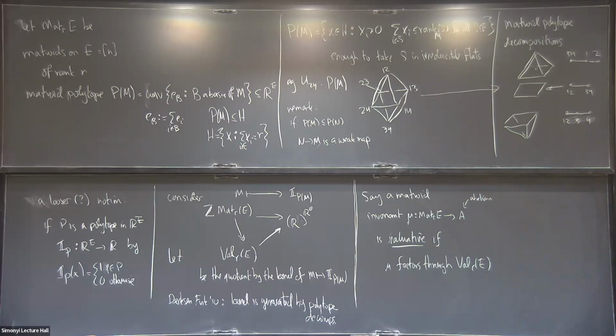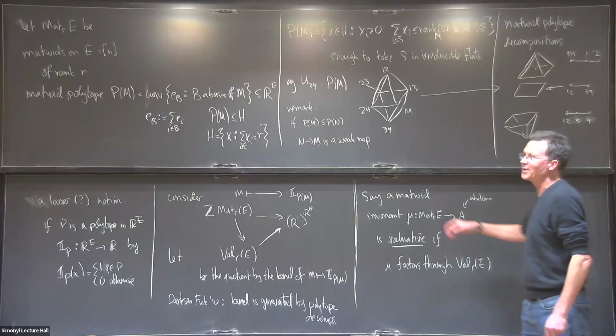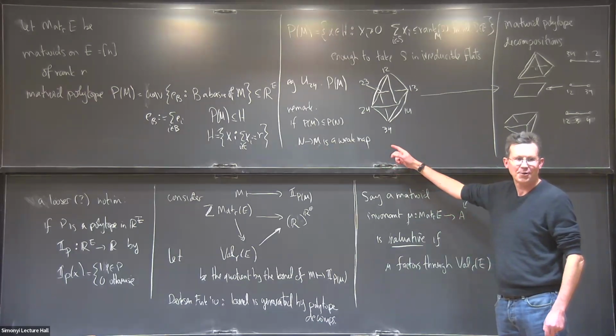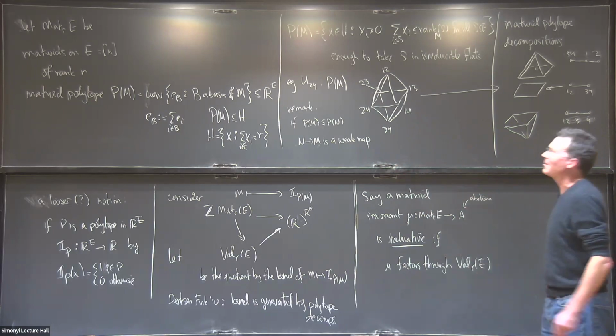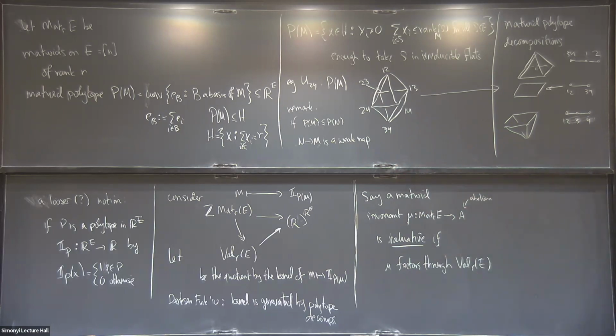How about Speyer's? Yeah, right. Maybe the cheapest one that isn't the Euler characteristic is to count the number of vertices, because the only integer points in a matroid polytope are the vertices.